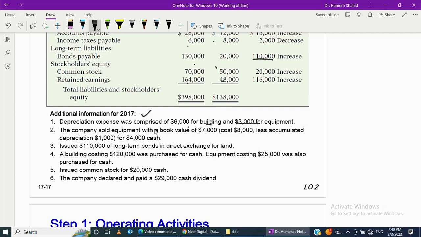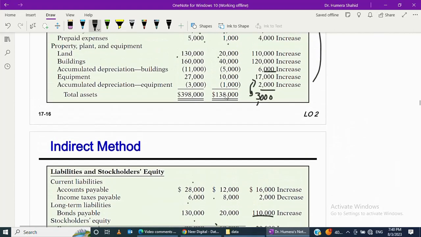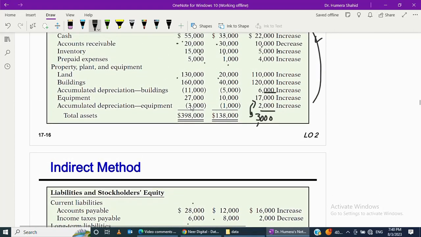Company sold the equipment with a book value of 7,000. What is book value? Book value is equal to cost minus accumulated depreciation. So cost was 8,000, accumulated depreciation was 1,000 for this equipment, and company sold it. So this is the 1,000 which is already out of the balance sheet because it was sold.